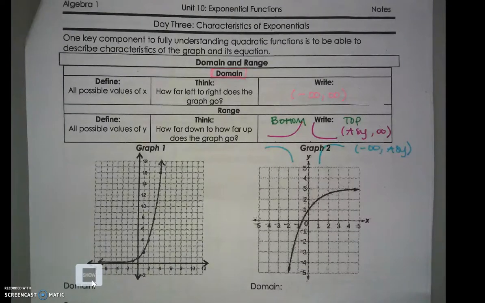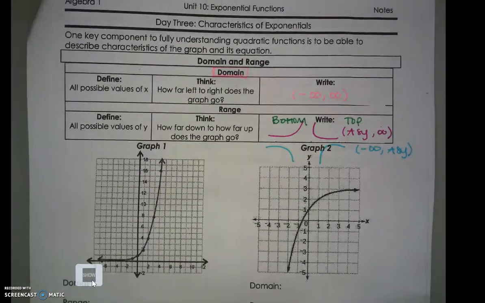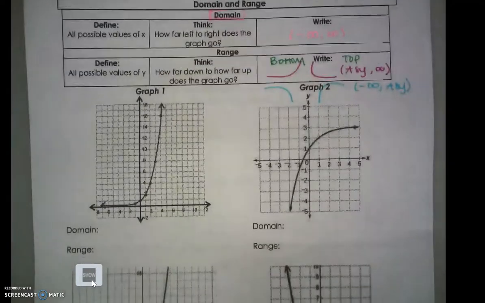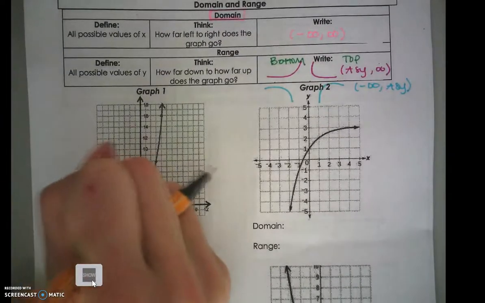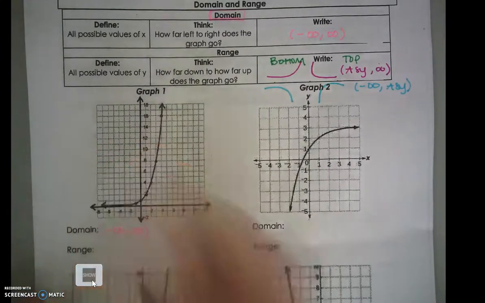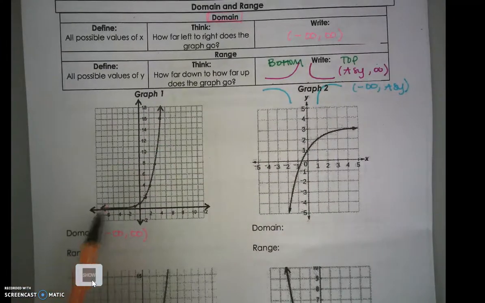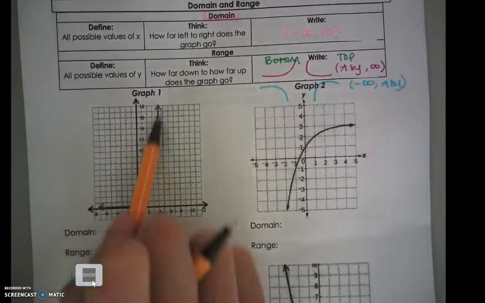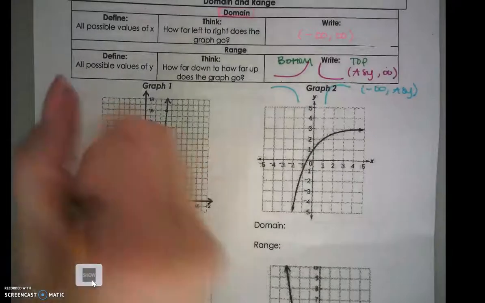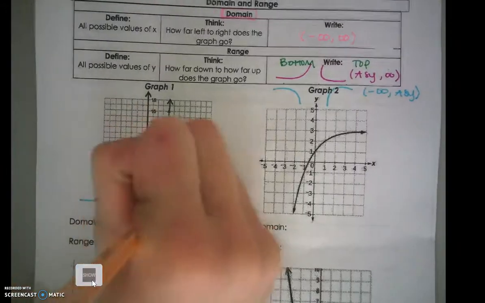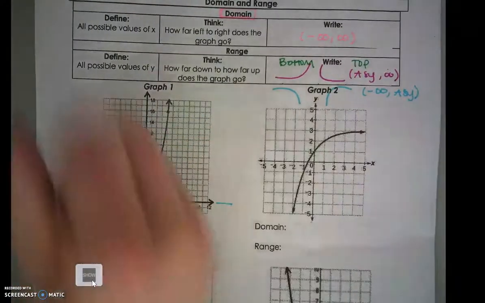So let's look at graph number 1. We know that my domain should still be negative infinity to positive infinity. I know that these arrows are telling me to talk about every x value from left to right. Now my range is from my asymptote, and I know I have an asymptote because my graph will flatten out.